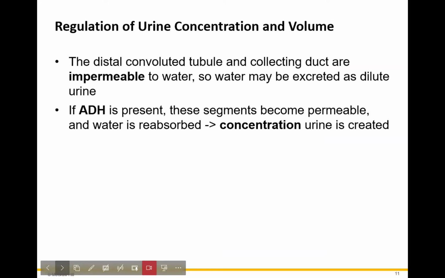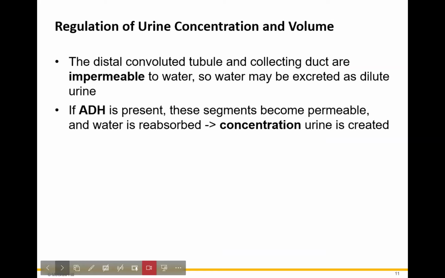All right, so let's get to the distal convoluted tubule. Again, many nephrons are going to be attached to the collecting duct. And normally they're impermeable to water. And so whatever's in the filtrate, once it gets through the nephron or renal loop, is going to go into your urine.